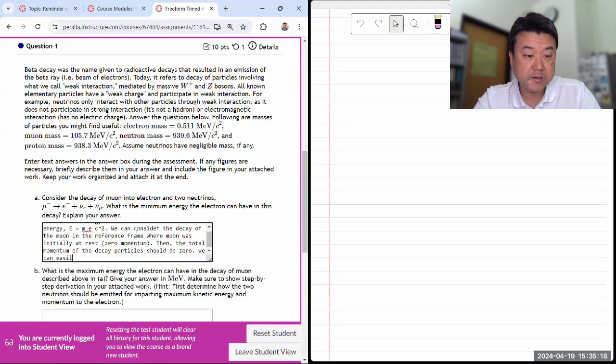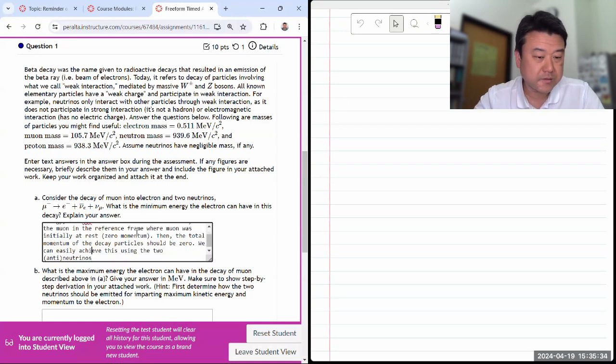We can easily achieve this using the two neutrinos, technically antineutrinos. Well, one is anti, one is not. I'll just say two neutrinos, and all that matters is that they are nearly massless particles.